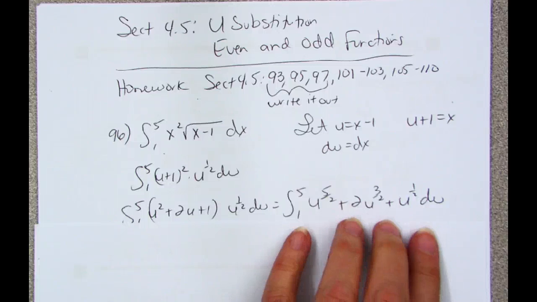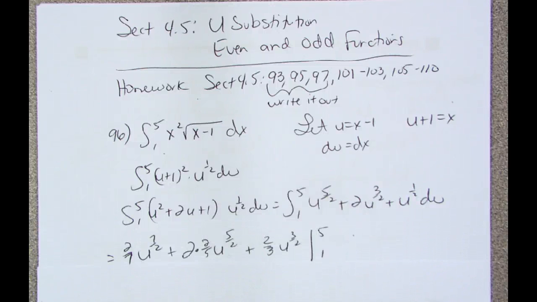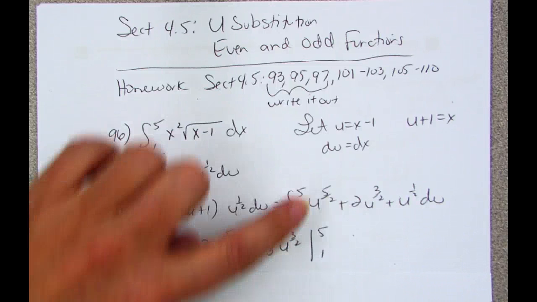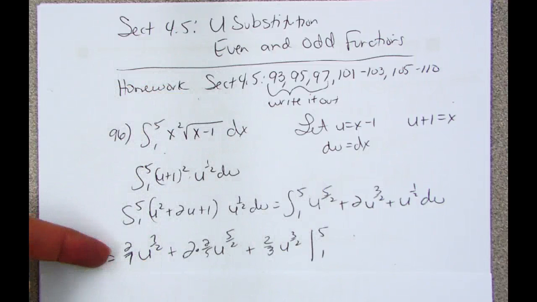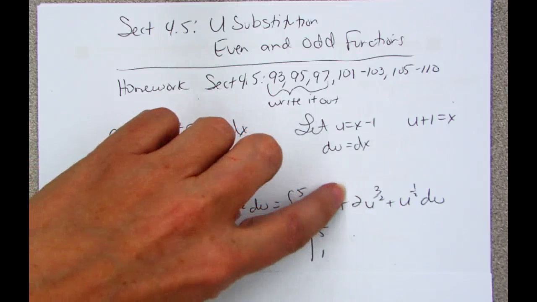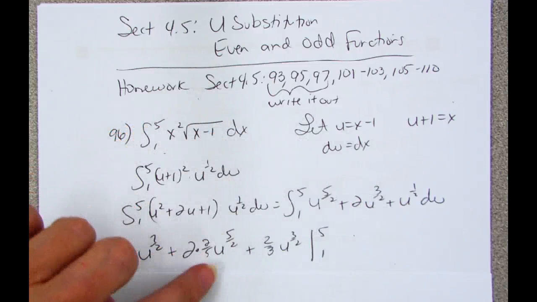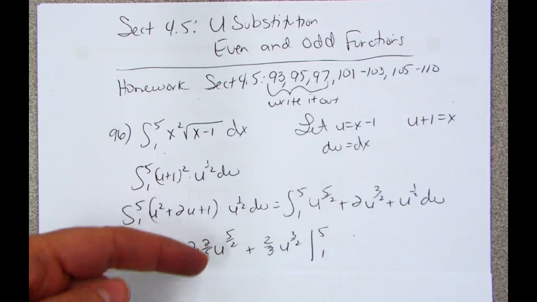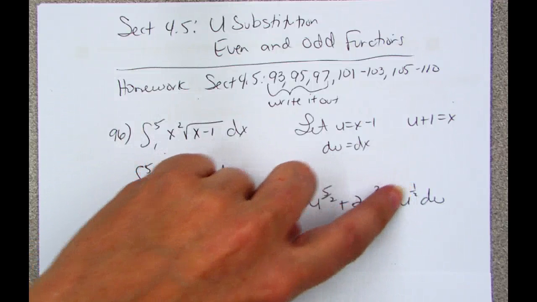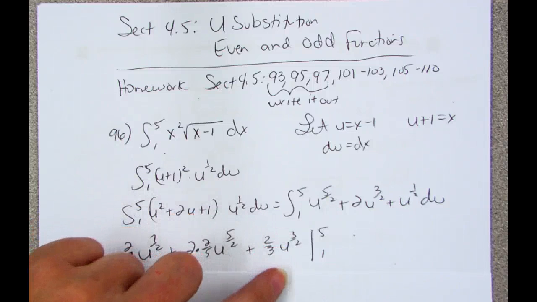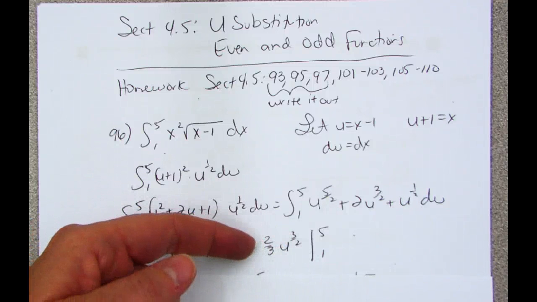Now I'm actually ready to integrate that. And so that would be u to the 7/2, and then divided by 7/2, or else multiplied by the reciprocal. 2 times u to the 5/2 over 5/2, and then the 2/5, I went ahead and multiplied by the reciprocal. And the 1 would be u to the 3/2 divided by 3/2. I took the 3/2 and I multiplied by the reciprocal.